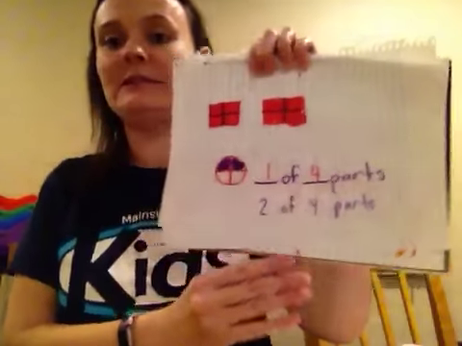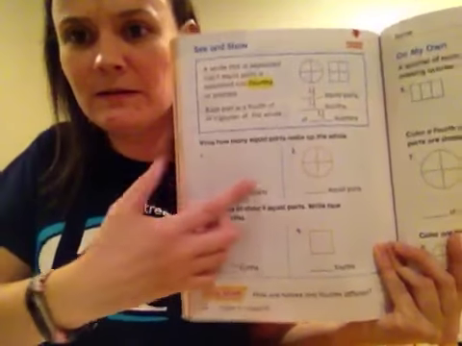Thanks, Archie. So today, boys and girls, for your activity, you are going to be drawing equal parts, making these shapes into fourths or quarters. A quarter is a fourth. You're going to be writing how many equal parts there are.